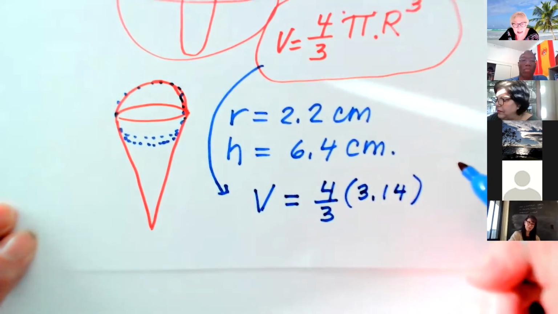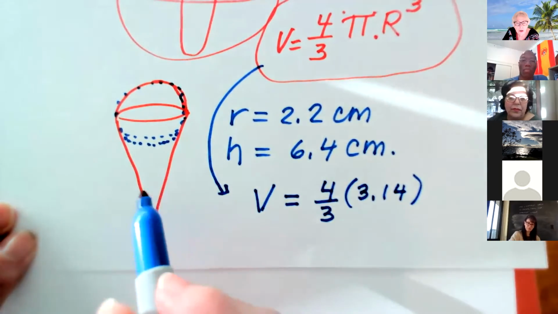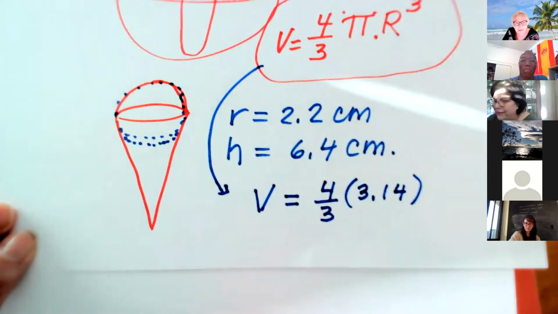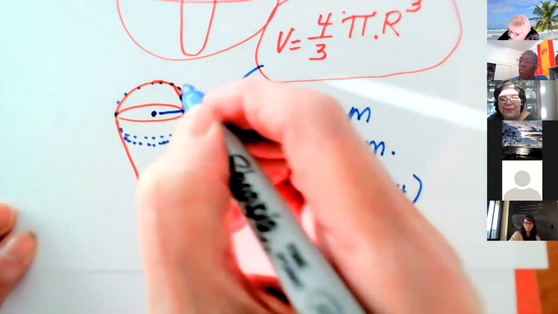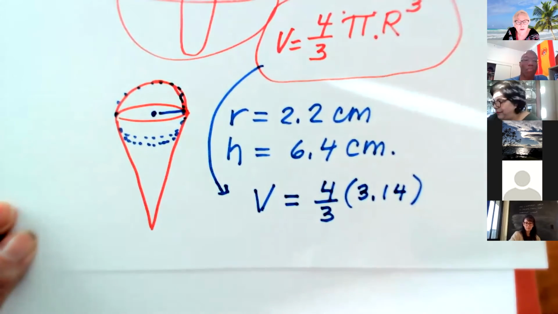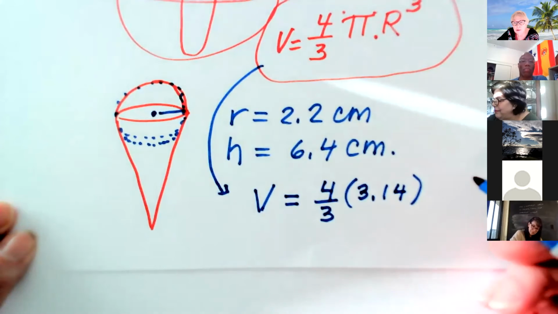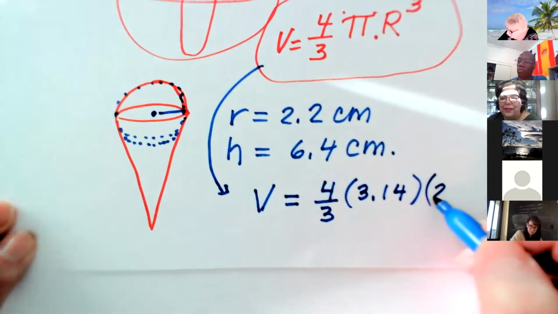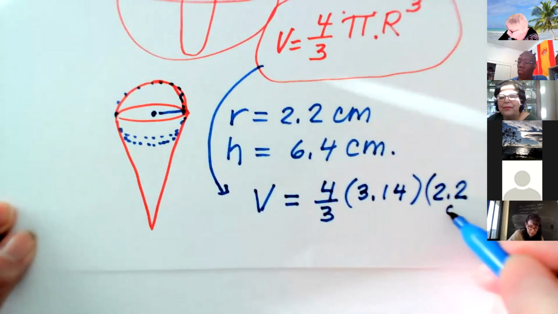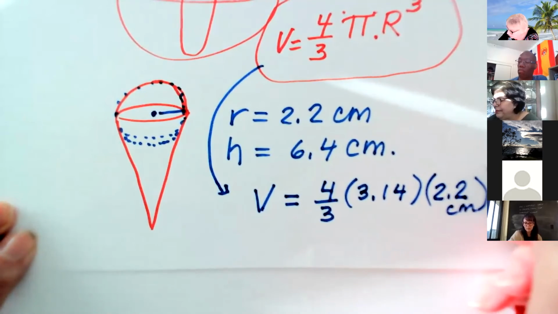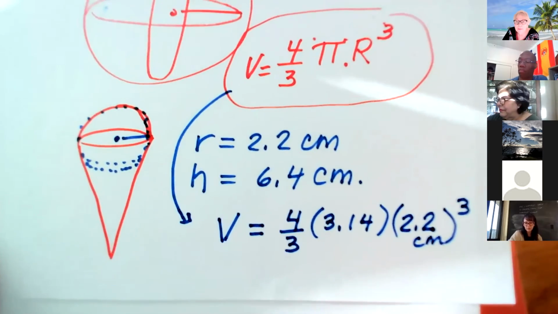And the radius, the fact that they told you the height of that, I don't think makes a bit of difference. But I do think the radius does matter. It's part of the formula. And so the radius would be 2.2, and it is centimeters. And that needs to be cubed according to the formula.